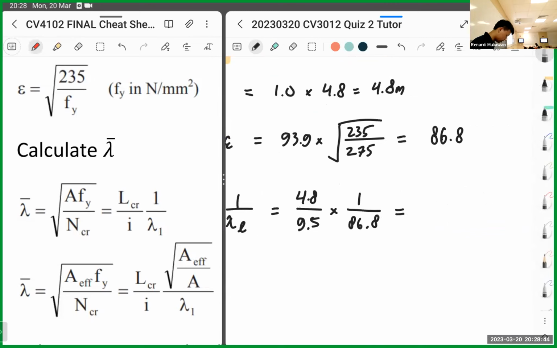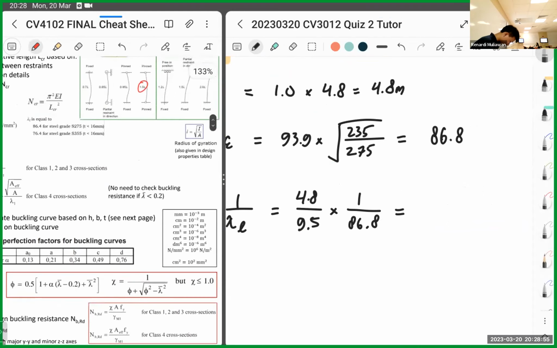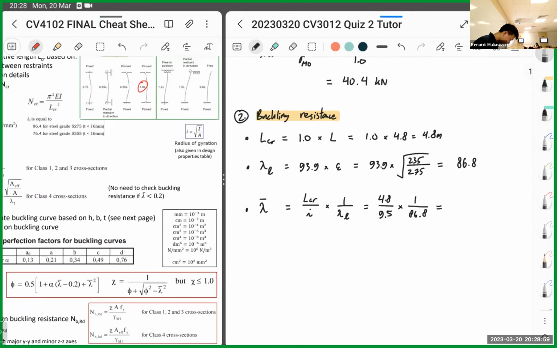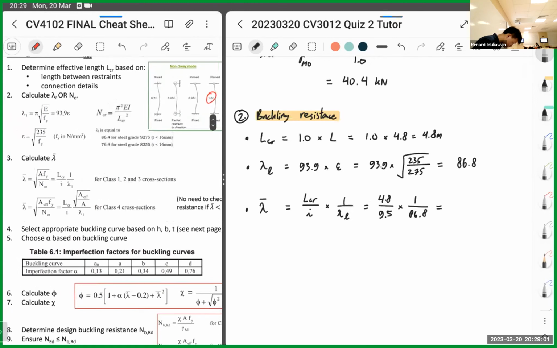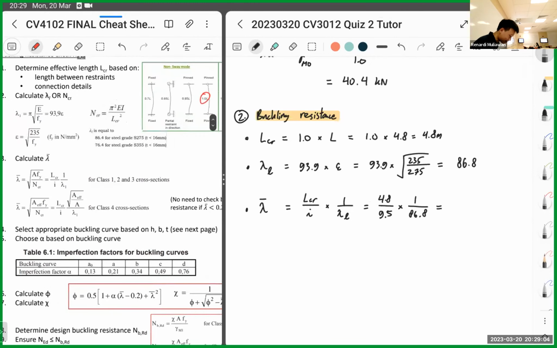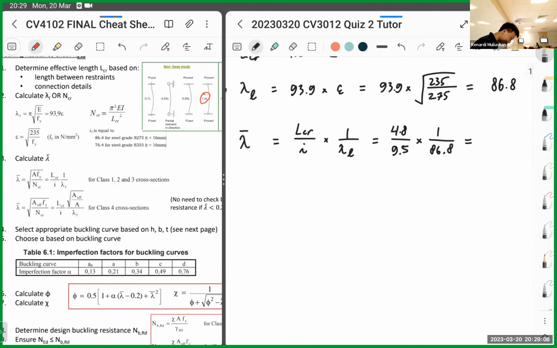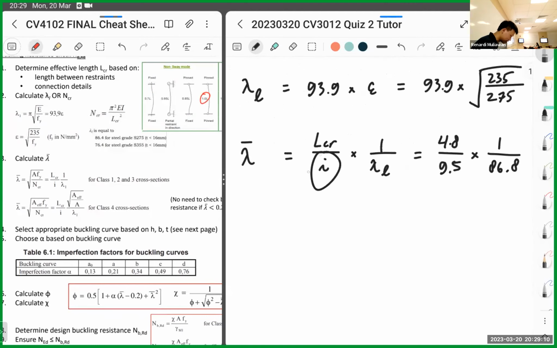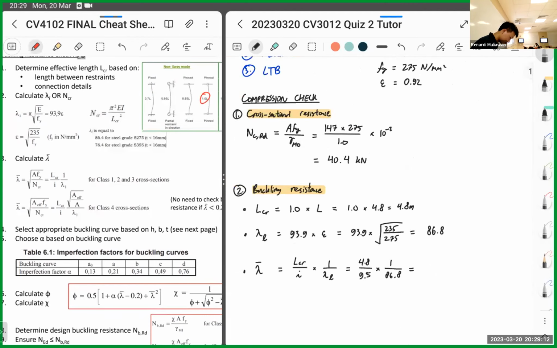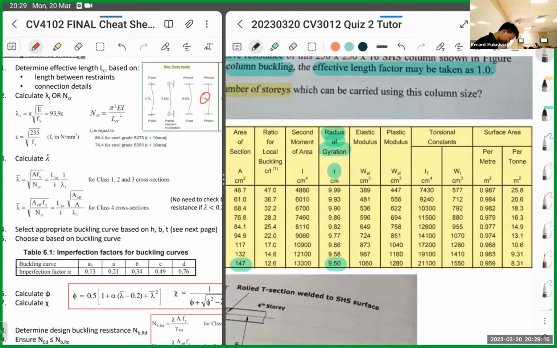So let's just count. 0.006. Why is it very small? Something is wrong with it. 4.8 meters, oh yeah, correct. It's the units. That's why the number is very small. i is in centimeters.